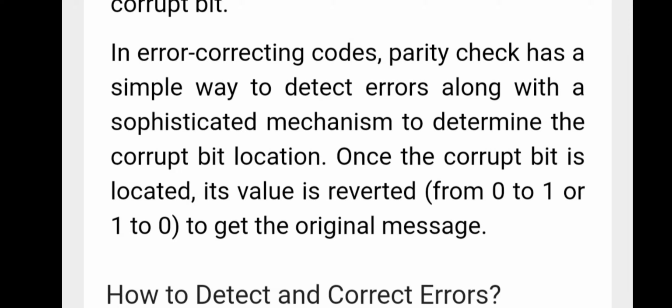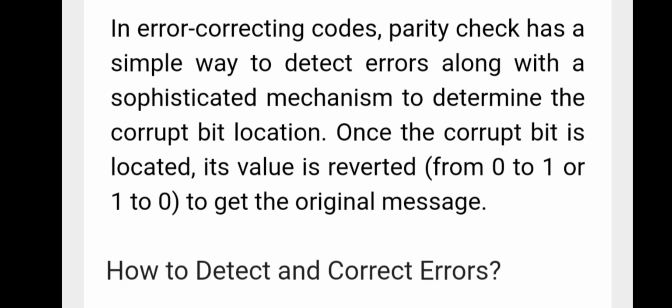If you find that 1 is changed to 0, you have to reverse it from 0 to 1, and if a 0 was changed to 1, change it back to 0, to get the original message.